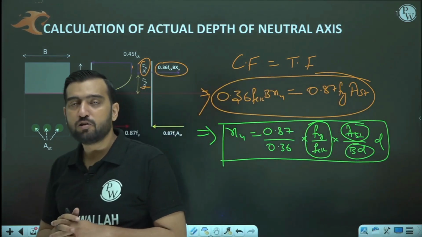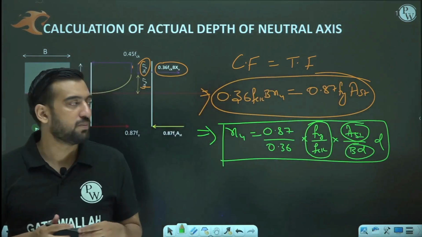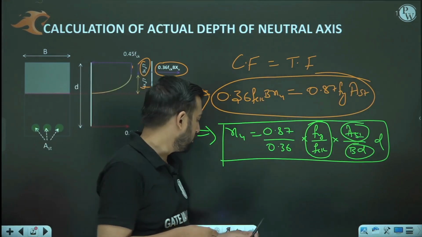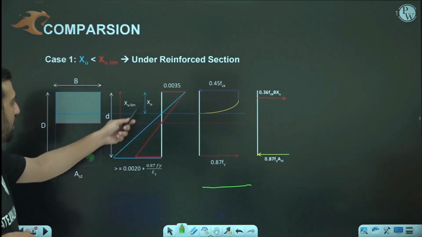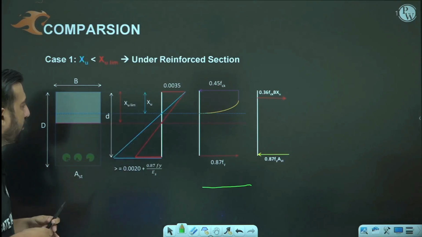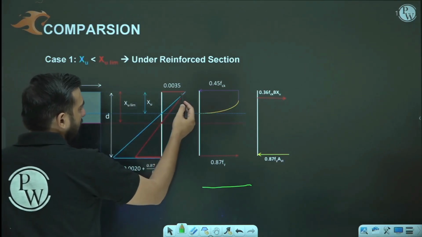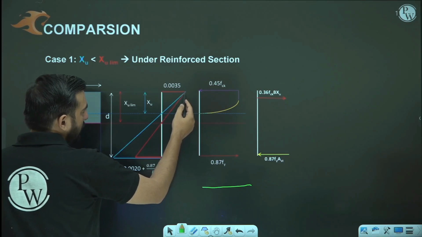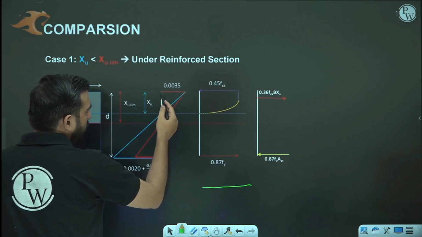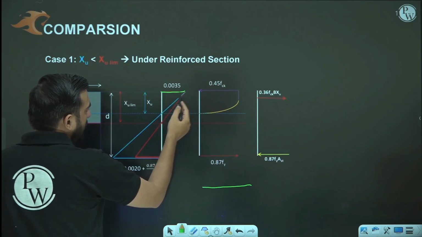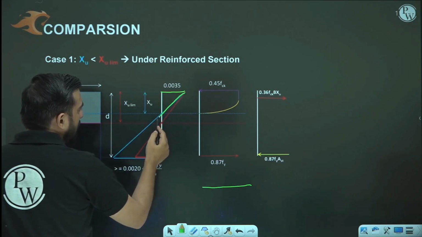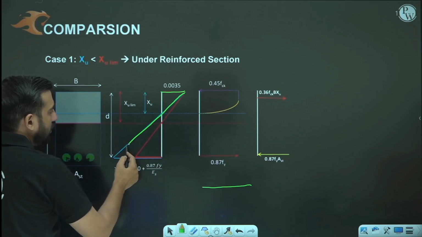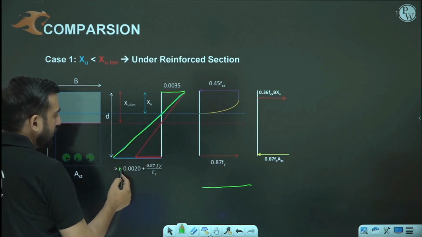Okay, so as I told you, there are total 3 possibilities. Possibility number 1 could be when XU is less than XU limit. Okay, if XU is less than XU limit, at that point of time you can see the strain at the time of collapse is fixed. But if XU is less than XU limit, then at the time of collapse, the strain at the level of the CG of the tensile reinforcement will be greater than this.